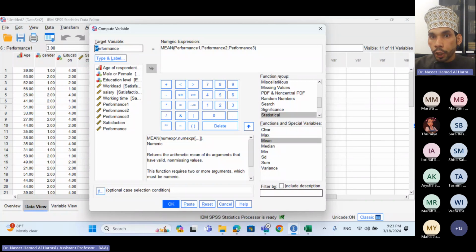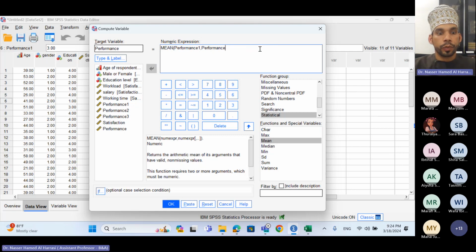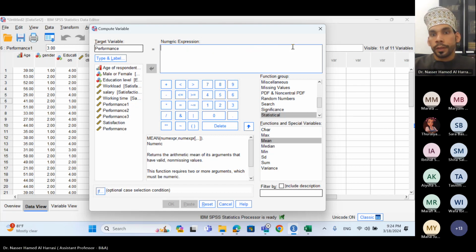Then we go to the function group, click on Statistical, then click on Mean, then bring the formula up. Immediately it will come here. Then here we have two question marks. What do these question marks mean? That means insert your questions, your items. So we are going to bring the items related to performance.